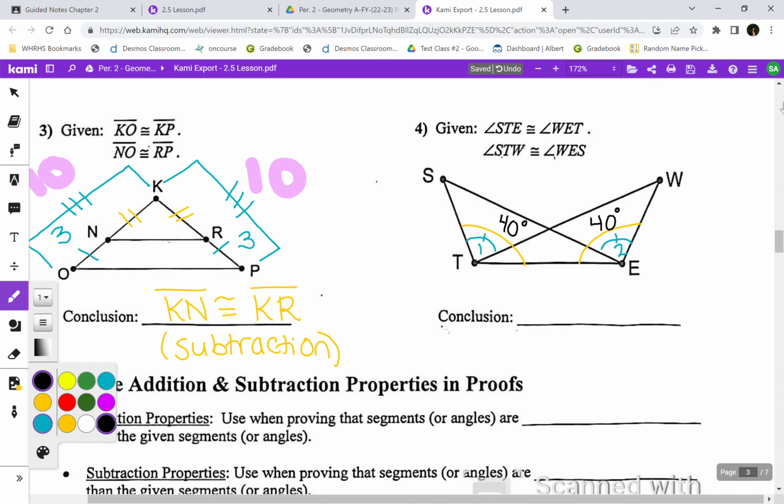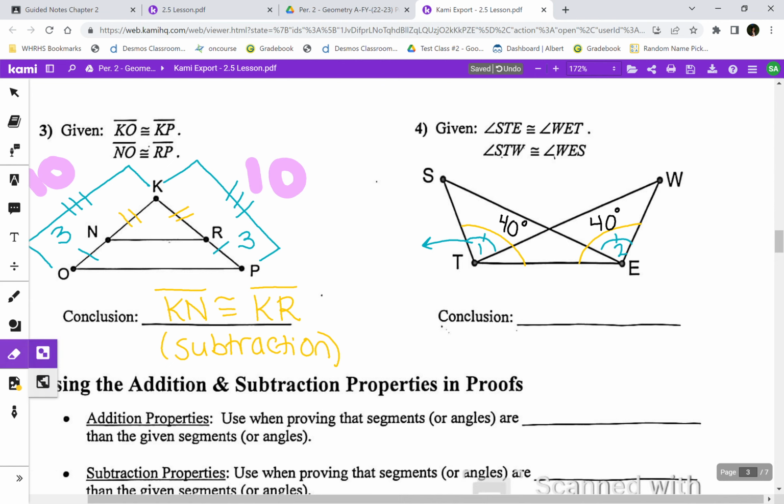Let's keep going. Let's say angle 1 is not 20. Let's say angle 1 is 30 degrees, which means angle 2 would also be 30 degrees because they're congruent. Anybody think they could come up with any conclusion?